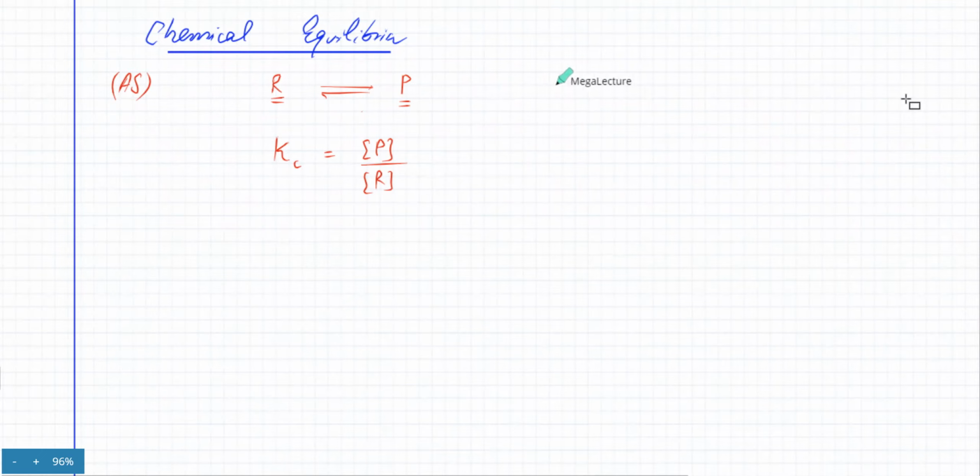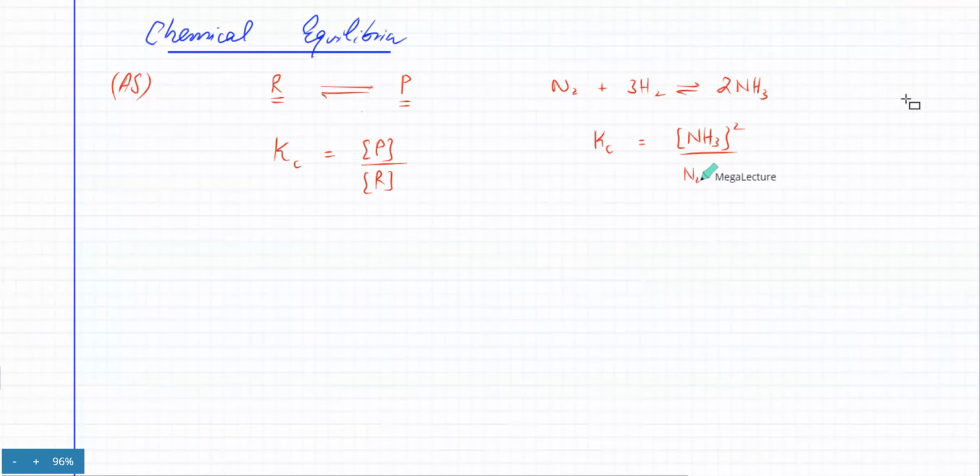For example, if you have N2 reacting with H2 in equilibrium with 2NH3, Kc was simply the concentration of NH3 squared divided by the concentration of N2 and H2 cubed.